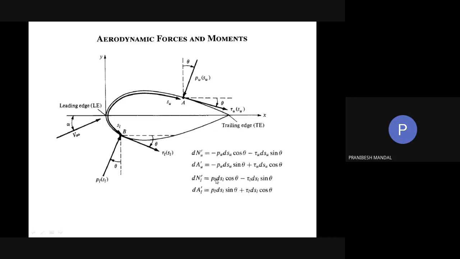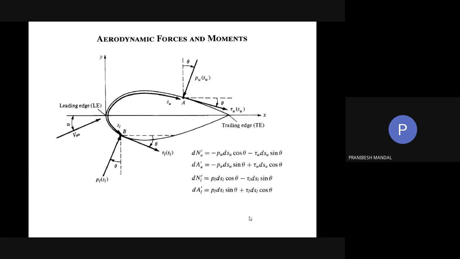Obviously for the lower surface, pl dsl and tau l dsl. If we resolve these in relevant directions, we are going to get their contribution in the normal and axial directions.